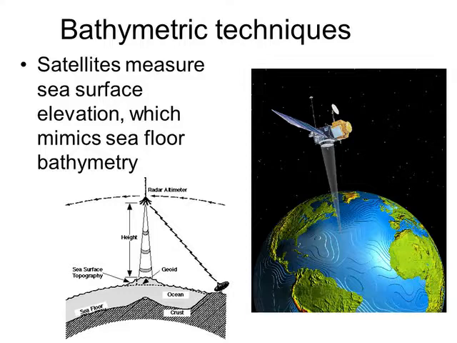And when it sends its signal down, it looks to see if this sea surface height is currently higher or lower than that average. And so if it's higher, then that means that there's probably some sort of bump or little hill out on the seafloor that's causing that slight change in the ocean surface. Or if it's lower than the average height, then there might be some sort of trench or some sort of dip in the ocean crust at that point.